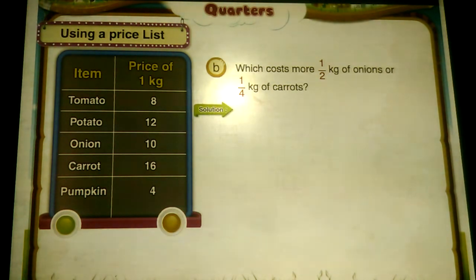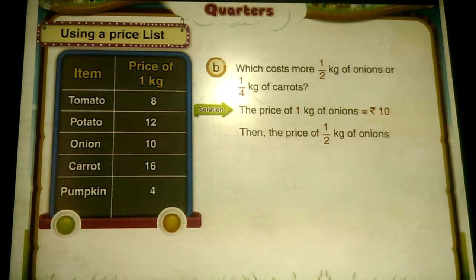Solution. The price of 1 kg of onions is rupees 10. So the price of half kg of onions will be 10 divided by 2. Dividing 10 by 2, we get 5. Now, the price of 1 kg of carrots is rupees 16.